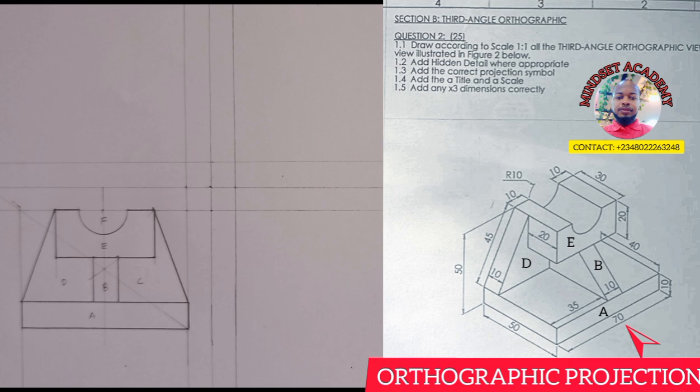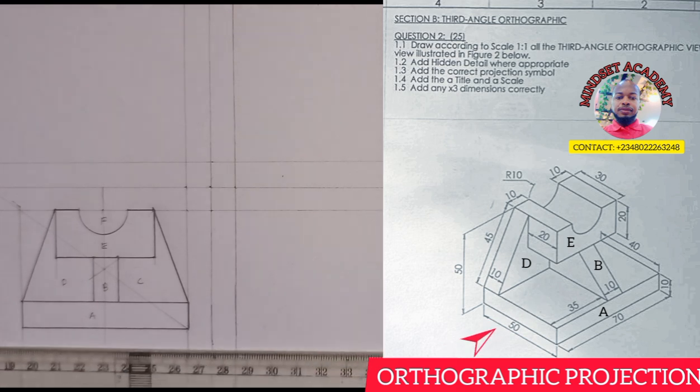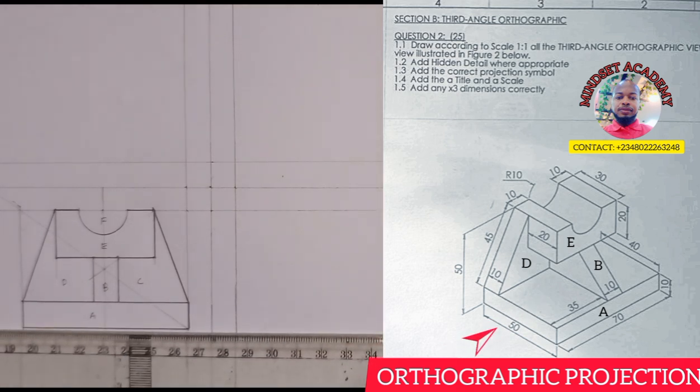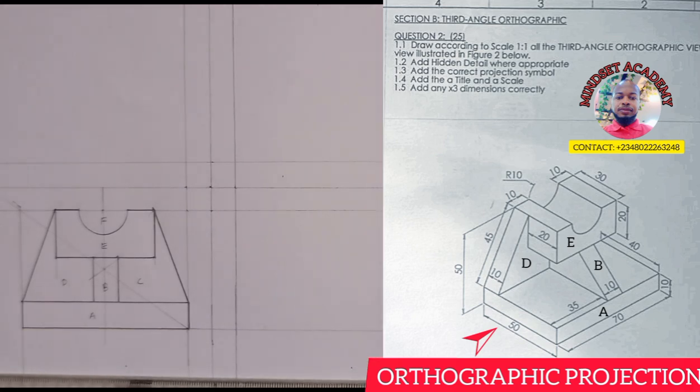So the next thing we're drawing is the end view. Yes. So I'll just come here, I'll project this way, and the end view has a thickness of also 50 or so. Alright, if you can see it, end view looking in from this side, it has a length of what? 50.